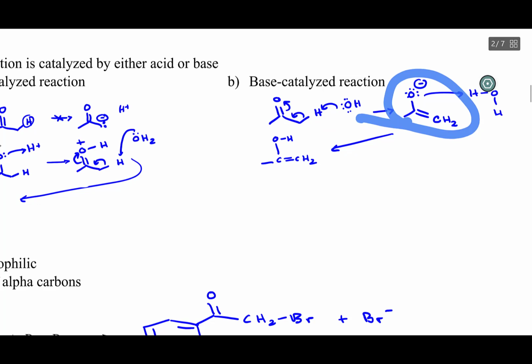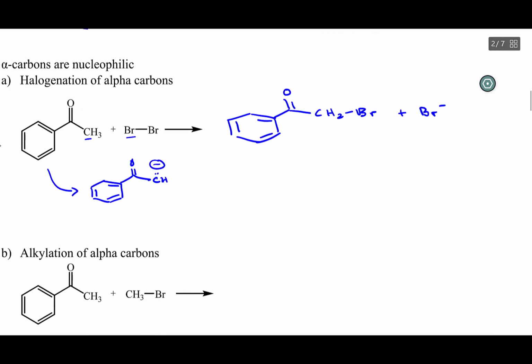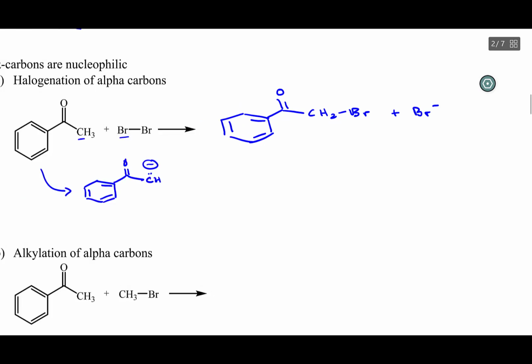Having said that, this is going to form, and so this is a nucleophilic carbon. Now bromine can be an electrophile. And that nucleophilic reaction goes like this. And so that's what gives us this product.